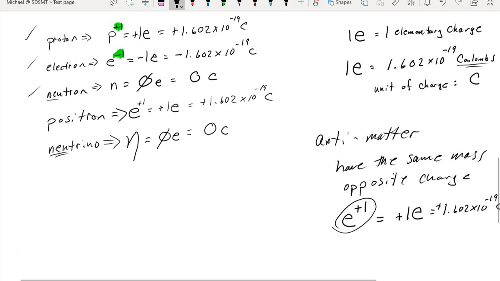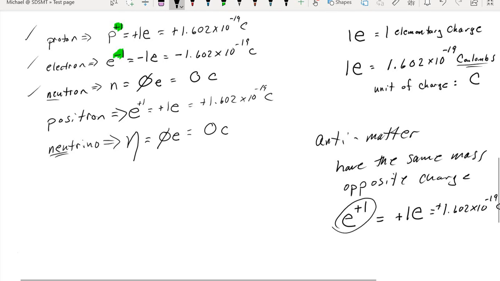Now, the neutrino is another particle that results from nuclear reactions. It falls into the same category of particles as the electron, but it does not carry any charge with it.